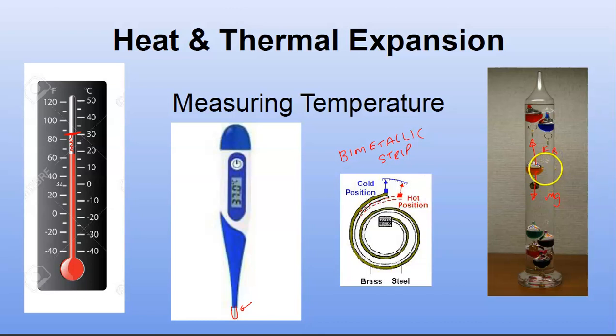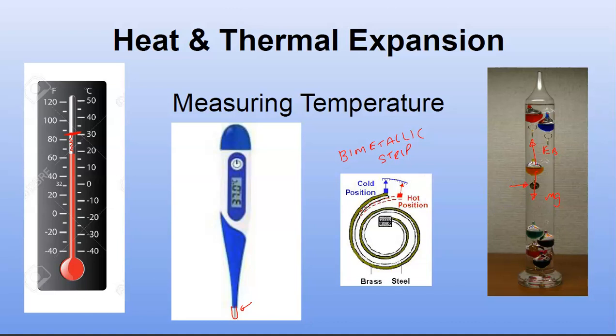But the trick here is that the water's buoyancy changes by temperature. As the density of the water changes, that changes the buoyancy, and so it pushes it up or down. Basically, you just want to pick the one that's kind of floating at the bottom here, this guy, and just read the little tag. That little metal tag right there says 78 degrees, and that's your temperature.